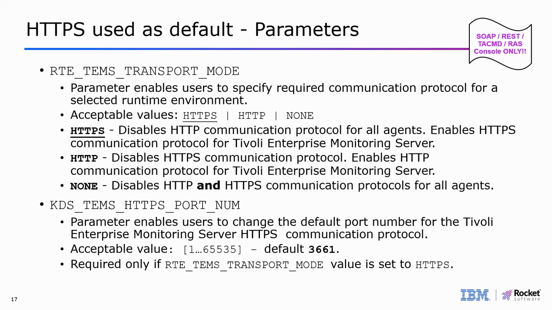HTTPS is the default, as we discussed, and this will disable HTTP communication protocols for all agents and enable HTTPS. HTTP obviously is exactly the opposite, disables HTTPS and enables HTTP. None is a very easy way for you to disable any of that communication.